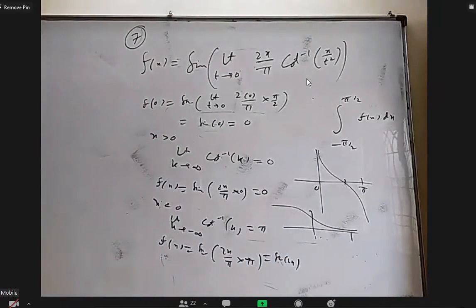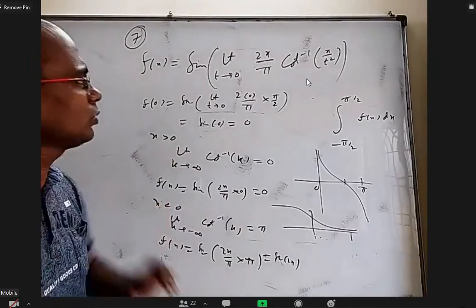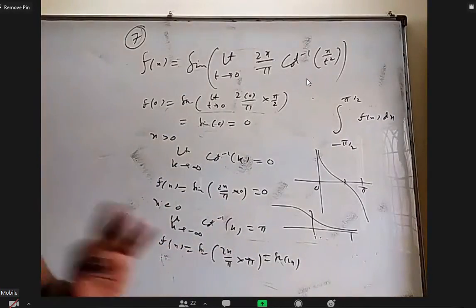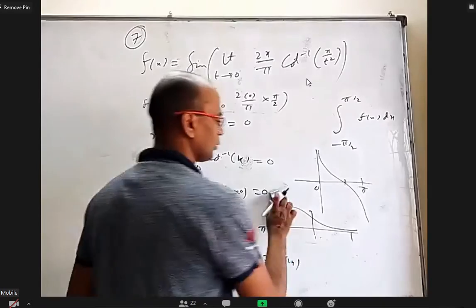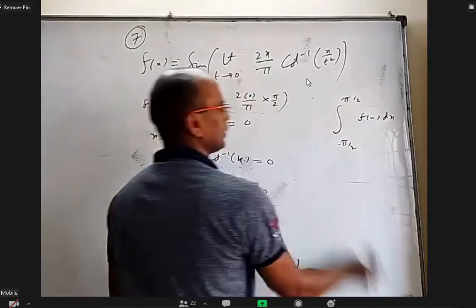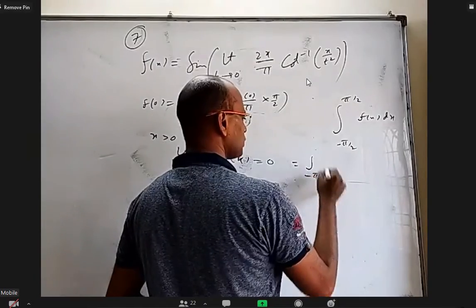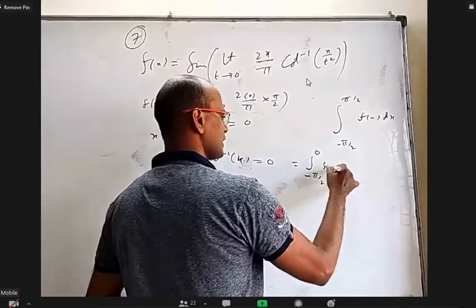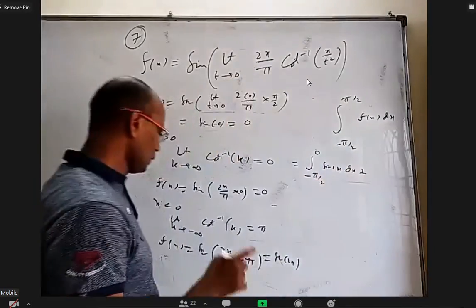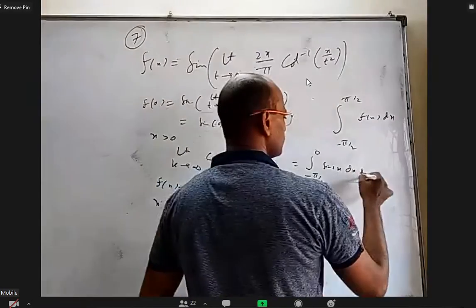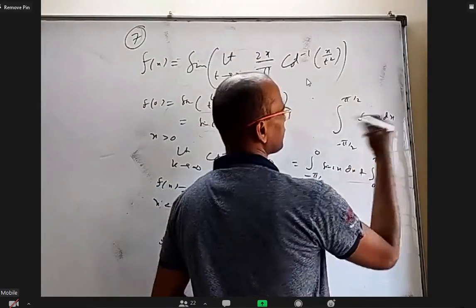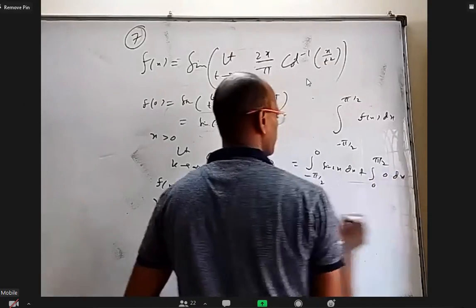So the function is 0 for all positive values, and sine 2x for all negative values. So I have to break this integral. This is integral minus pi by 2 to 0 of sine 2x dx, whereas between 0 to pi by 2, or for that matter any positive values, it is 0 dx.